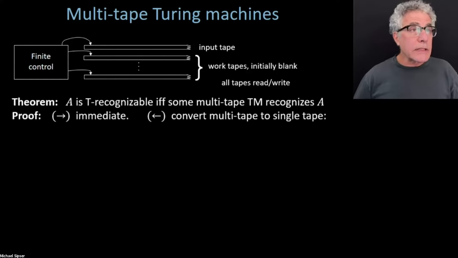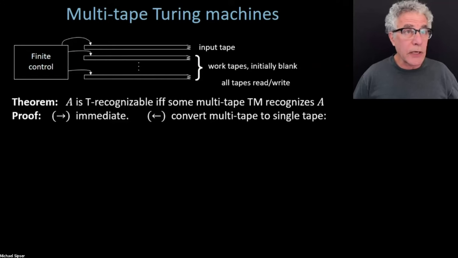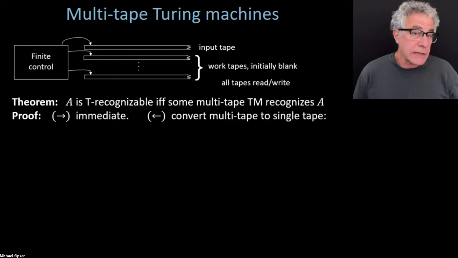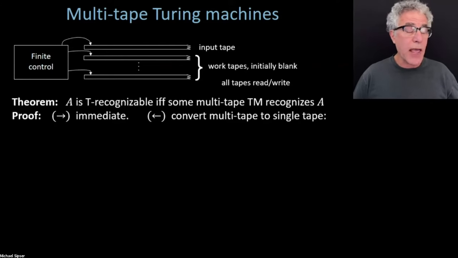So the theorem is that a language is Turing recognizable, and when we say Turing recognizable, for now we mean just with 1 tape, that's the way we've defined it, if and only if some multi-tape Turing machine recognizes that language. Another way of saying that is if you have a language that you can do with a single tape, you can do it with a multi-tape, and vice versa. One direction of that is immediate, because a single tape Turing machine is already a multi-tape Turing machine that just happens to have 1 tape.